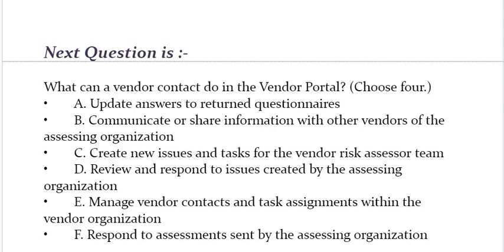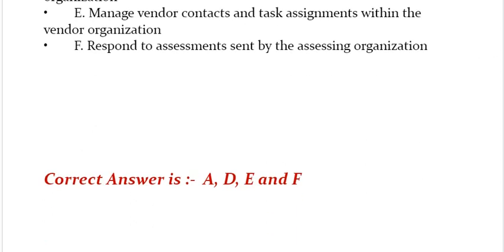Option D. Review and respond to issues created by the assessing organization. Option E. Manage vendor contacts and task assignments within the vendor organization. Option F. Respond to assessments sent by the assessing organization. Correct answer is option A, D, E, and option F.